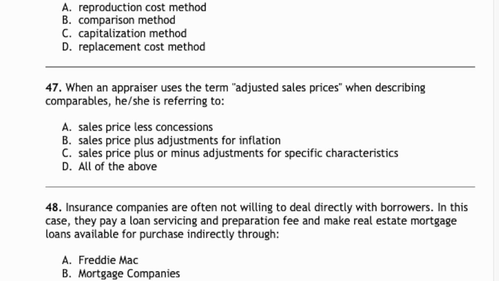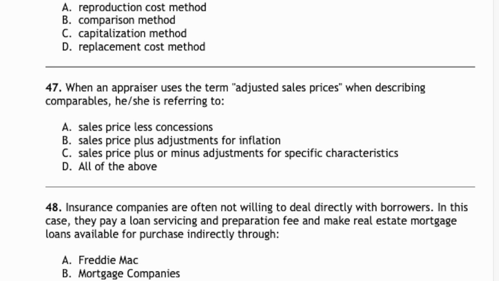47. When an appraiser uses the term adjusted sales prices when describing comparables, he or she is referring to A, sales price less concessions. B, sales price plus adjustments for inflation. C, sales price plus or minus adjustments for specific characteristics.